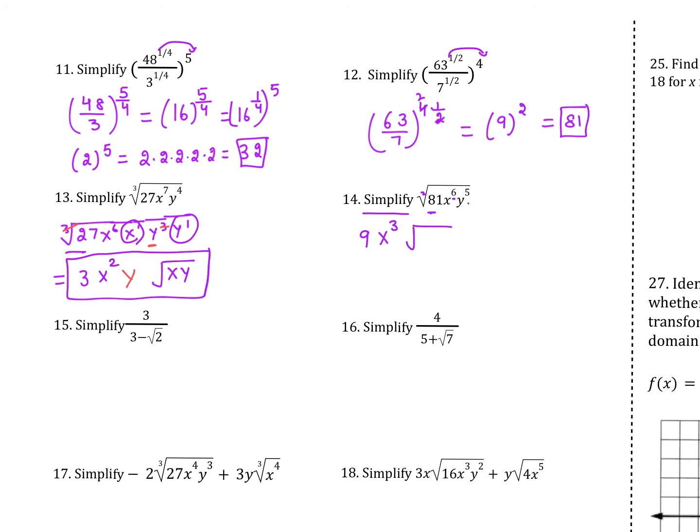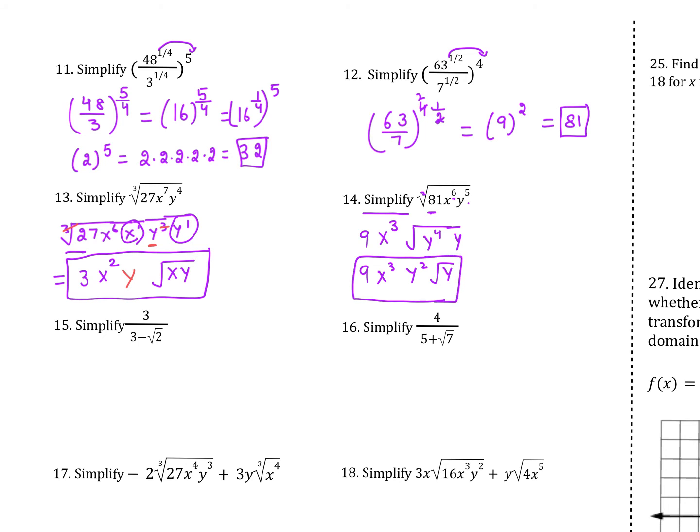Y to the power 5 does not go by the table of 2, so it's going to be y to the power 4 and y. Square root of y to the power 4 is y squared, and inside you're left with y.